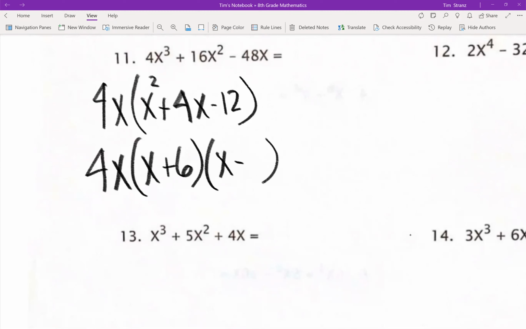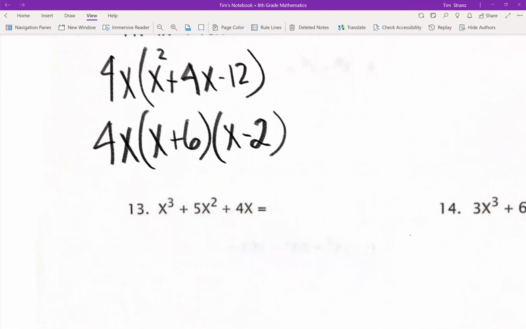So we're going to have a positive 6 and a negative 2, and that would equal a positive 4. And you can double check it. x times x would be x squared. x times negative 2 would be negative 2x, plus 6x, minus 12. If you put the negative 2x and 6x together, you get the positive 4x. So we know that's correct.